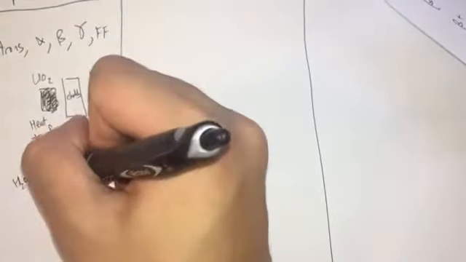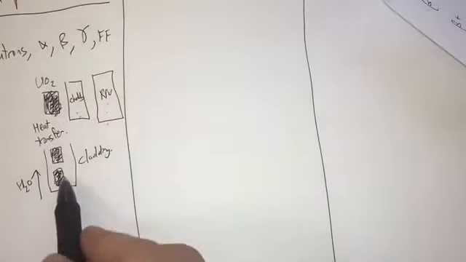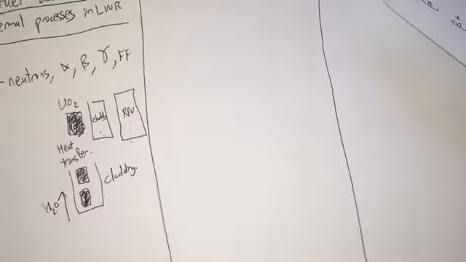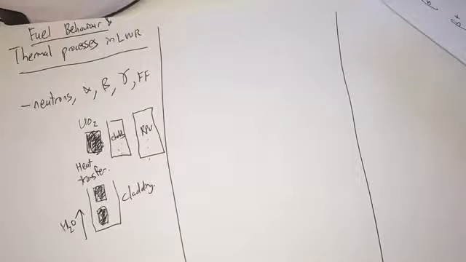You're supposed to transfer heat from this fuel into the water. So that's why heat transfer properties are way more important for the fuel as compared to the reactor pressure vessel.